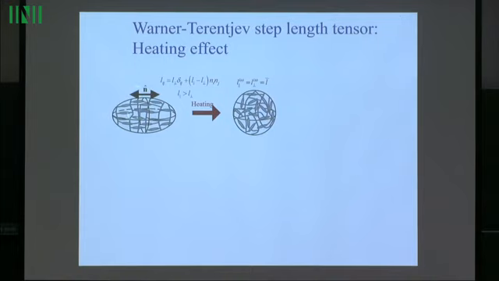So all you need to notice is that when you heat the material, this ellipsoid of conformations transforms into a more rounded sphere, described by the Warner-Terentjev step length tensor.